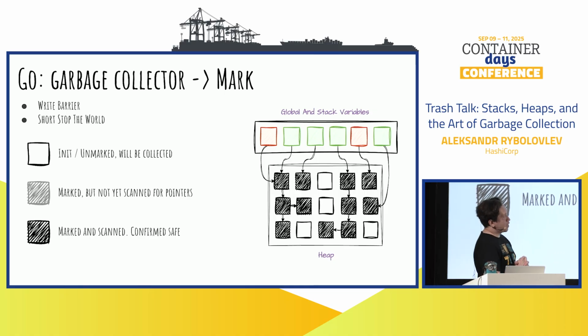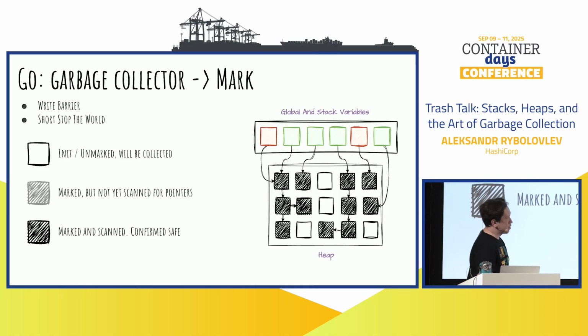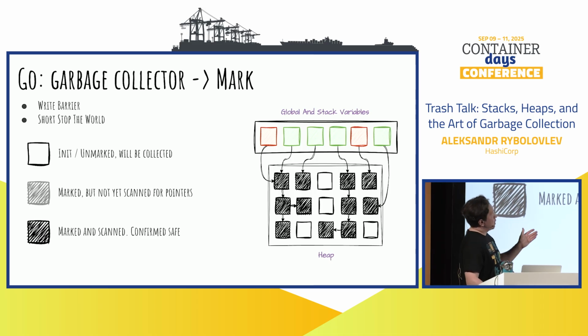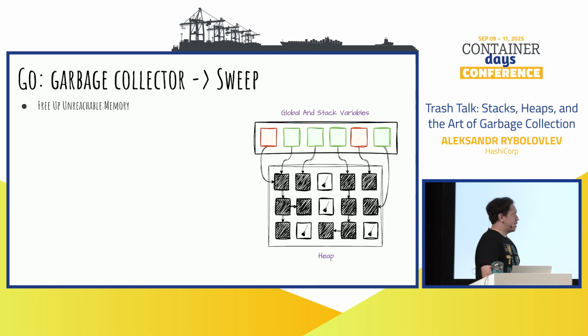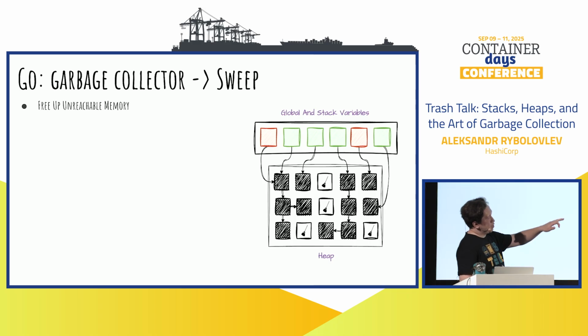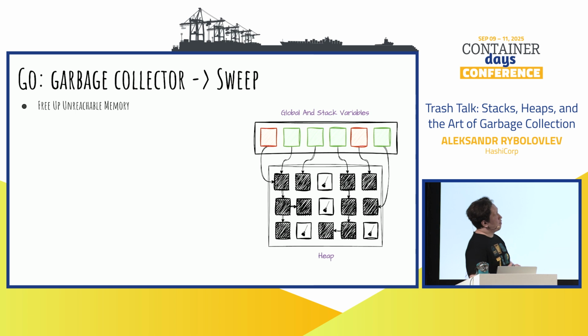It will only consist of white and black objects. And then the mark will hand it over to the sweep part, and the sweep part does a very important job. It goes through the objects in the heap and frees up those that are white, that are not reachable from the stack or global variables.